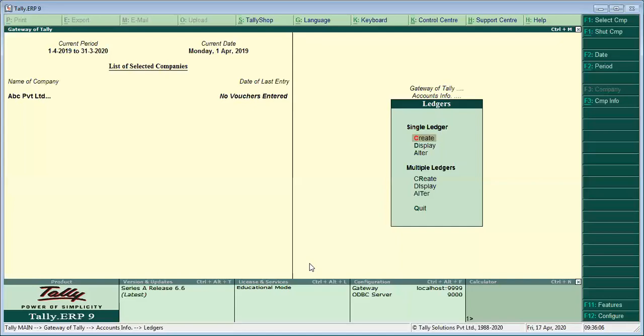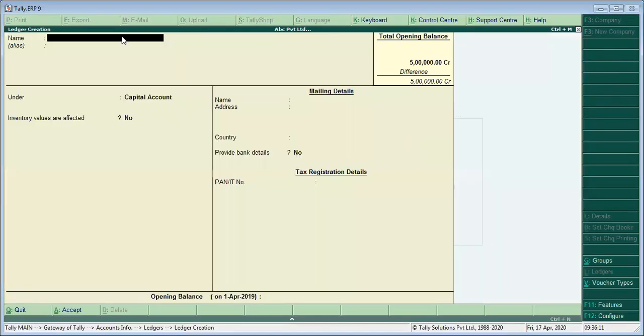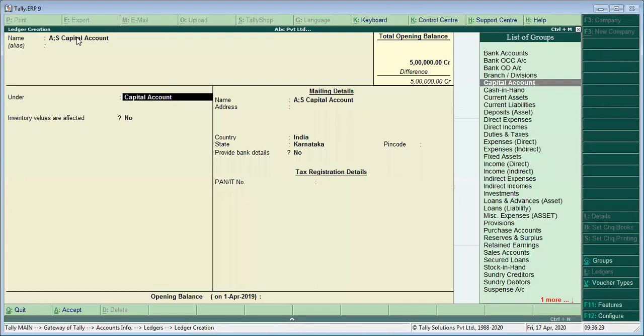So I told you there is a creation of the company. So, single ledger create. For capital account, it may be any capital account, for example A's capital account. So just give the name as A's capital account. Obviously, the capital account falls under the group capital account.